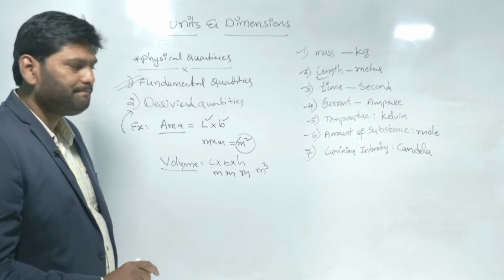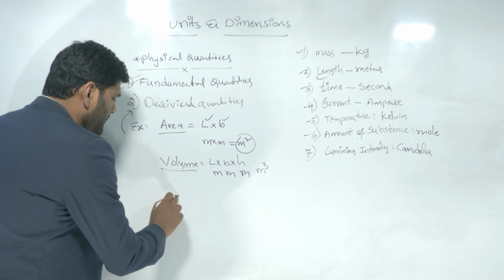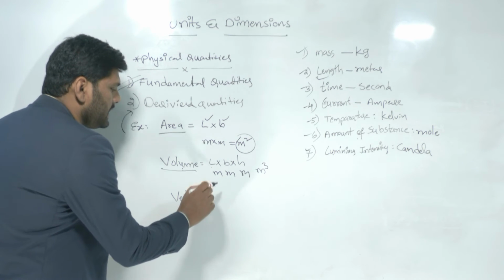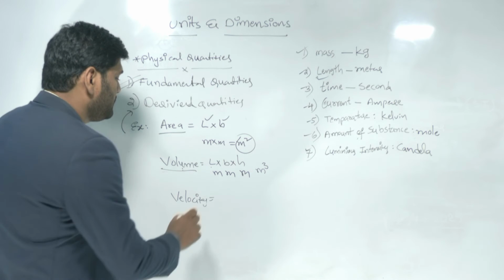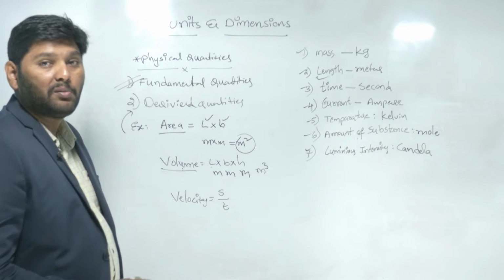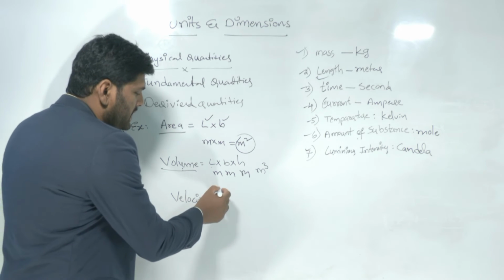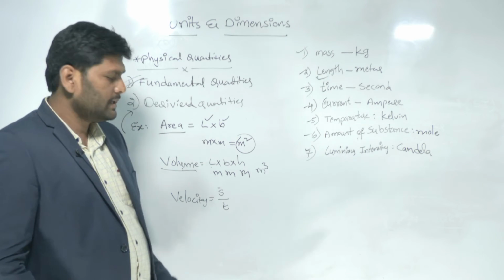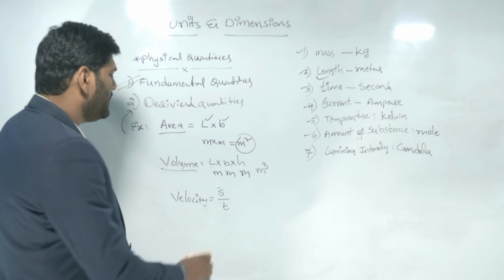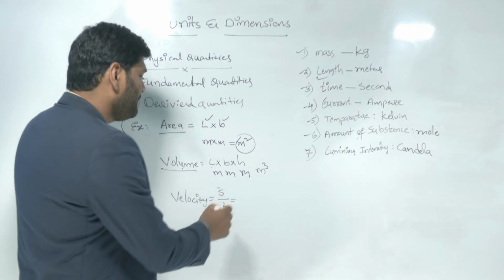And coming to one more example, let us take velocity. Velocity is nothing but displacement by time taken. What is meant by velocity? Displacement by time taken. Here displacement I represent with S, time I am representing with T. So here displacement is nothing but length.